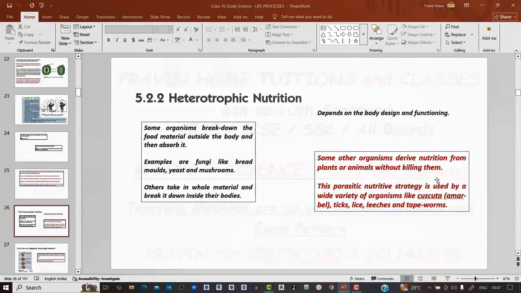First, some organisms break down the food material outside the body and then absorb it. Examples are fungi like bread mold, yeast, and mushroom. The second type of heterotrophic nutrition is where organisms take food inside their body and then digest it or break it down into simpler form.